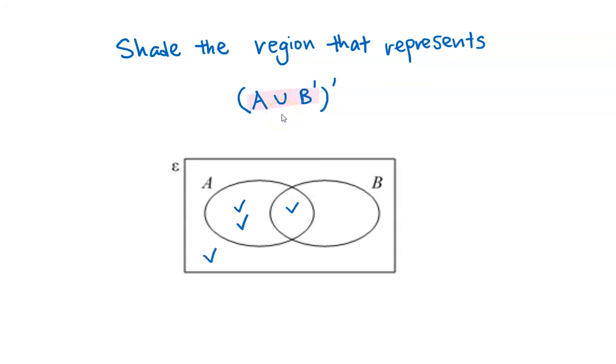So bear in mind, this complement simply means to negate whatever is inside. So for union, I'm shading a region with one or two ticks, which means if I negate, then overall I am going to shade regions with 0 ticks.